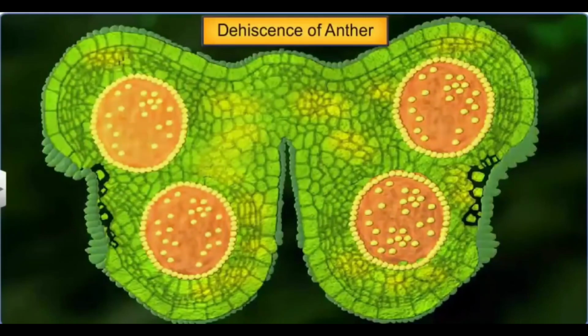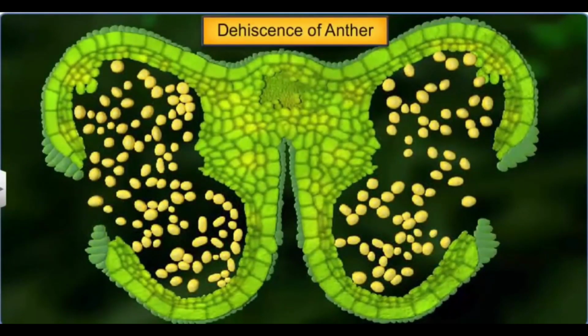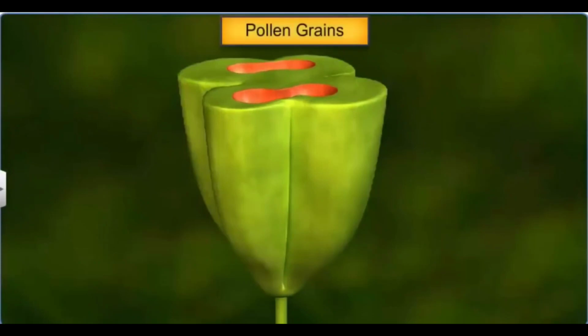This tension causes the dehiscence or bursting of the anther along the line of dehiscence and results in the shedding of several thousand pollen grains.